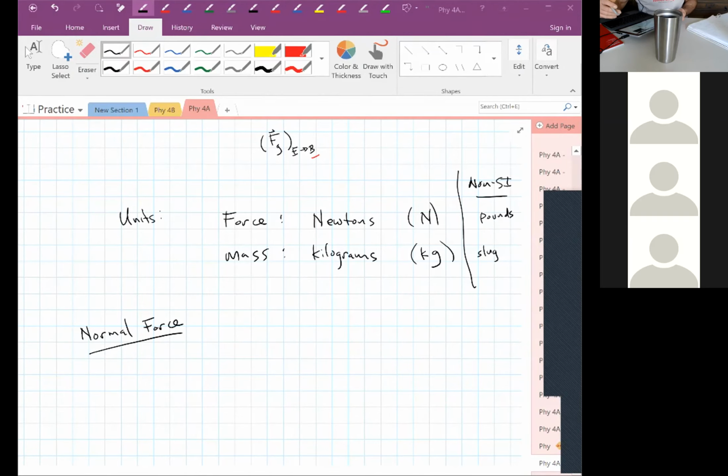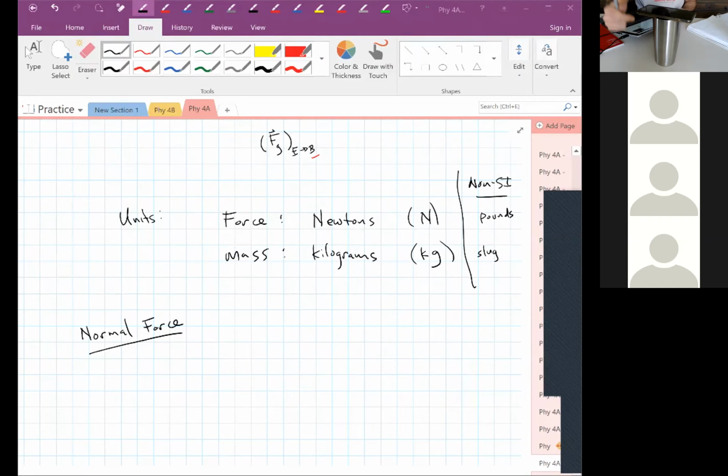But wait a second. Now I just put my phone on top of it. What just happened to the normal force? It got bigger, right? The force of gravity on my mug is still the same, but I added another weight on top, so there's more than just the mug pushing down on the table.